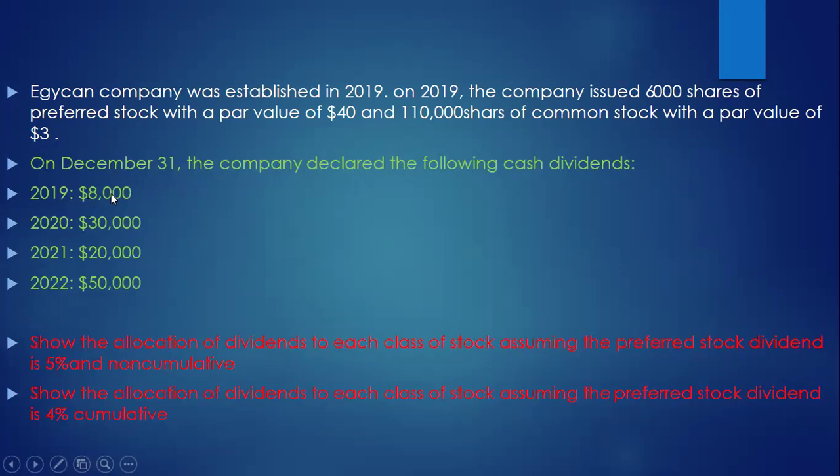The entry will be: you're going to debit retained earnings, and we're going to credit dividends payable. Why? Because retained earnings are not a liability. Those are equity. The business owner's profit or earnings do not belong to the business. They belong to the owners.